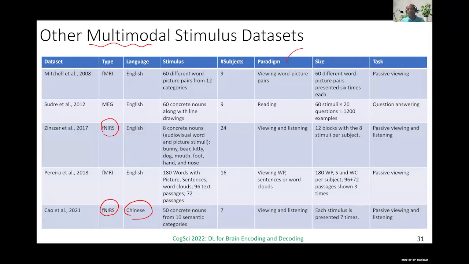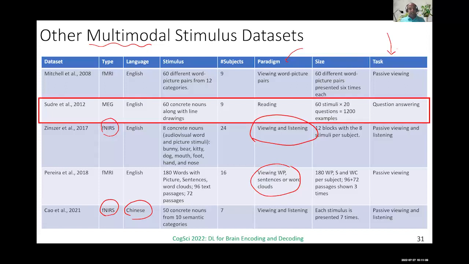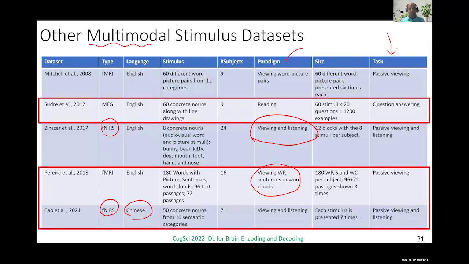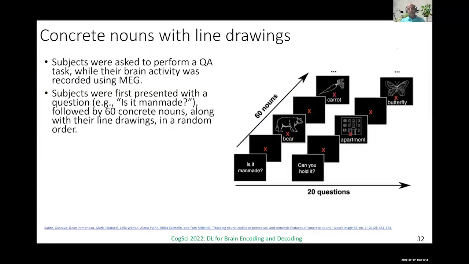You could view a word plus a picture, or a word, picture, or word cloud, or viewing and listening if it also has audio. Depending on the modes, people are also asked to do different tasks, such as passive viewing, answering questions, and listening. I'll talk about a few of these in the next few minutes. This particular data set has words with line drawings in it.